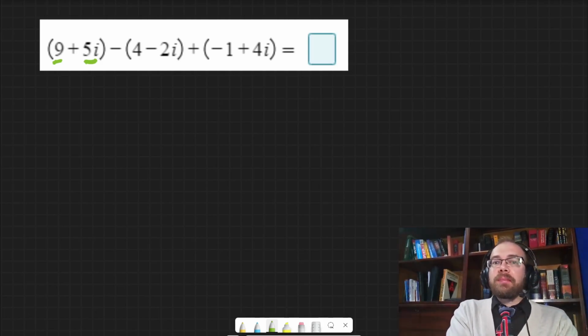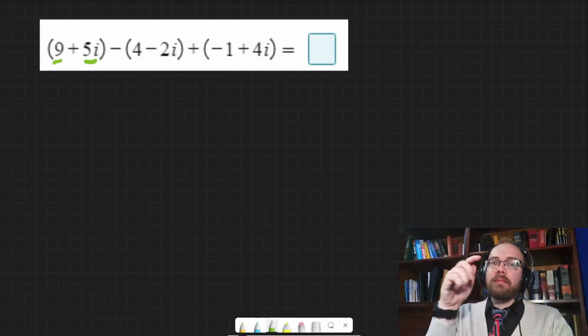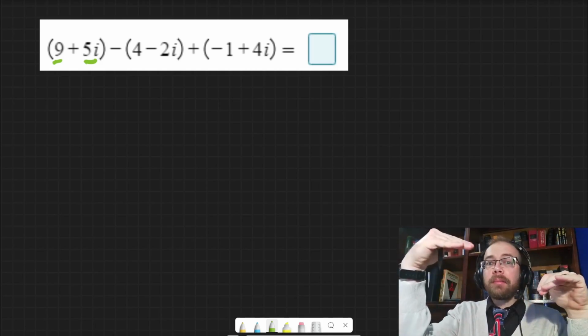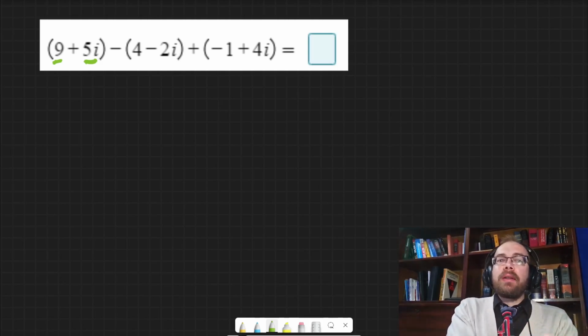So as far as practically how we do this, though, all we need to do is distribute anything that needs to be distributed. You don't actually need the parentheses unless you're distributing something, like if you're multiplying or if you're taking a binomial to a power, then you would need to deal with that. But there's nothing that's really attached to 2 out of the 3 of these.